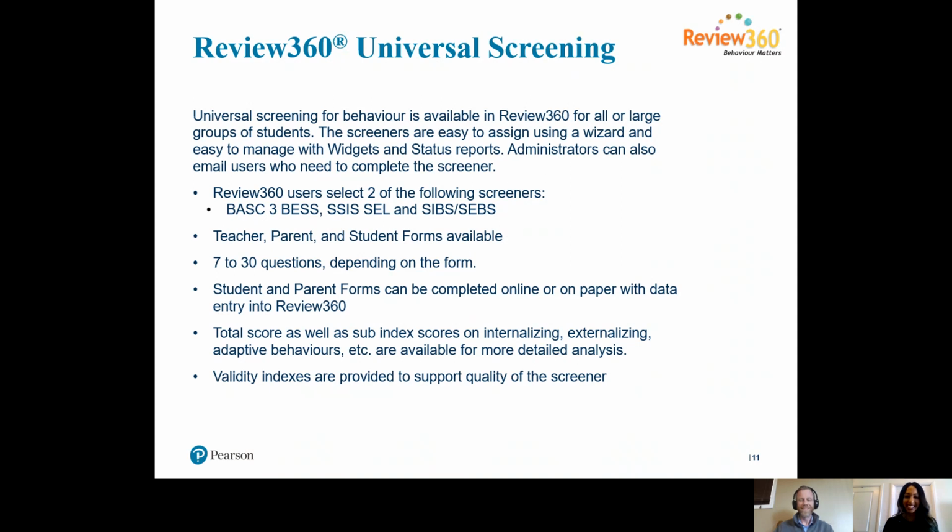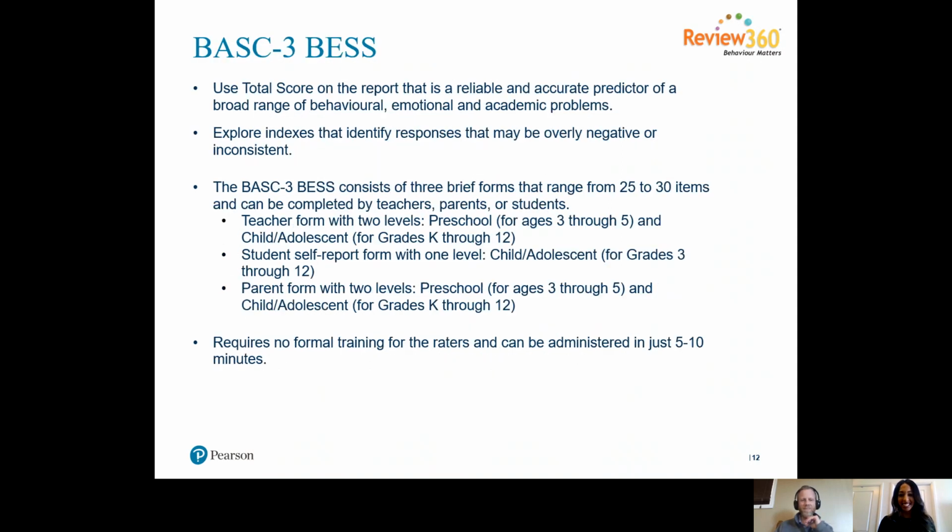Thanks, Mike. That's great. So just to provide a little bit more information about those screeners that are part of Review 360. The BASC-3 Behavioral and Emotional Screening System ranges about 25 to 30 items depending on the form. So there's a teacher form, there's a student form, and a parent form.